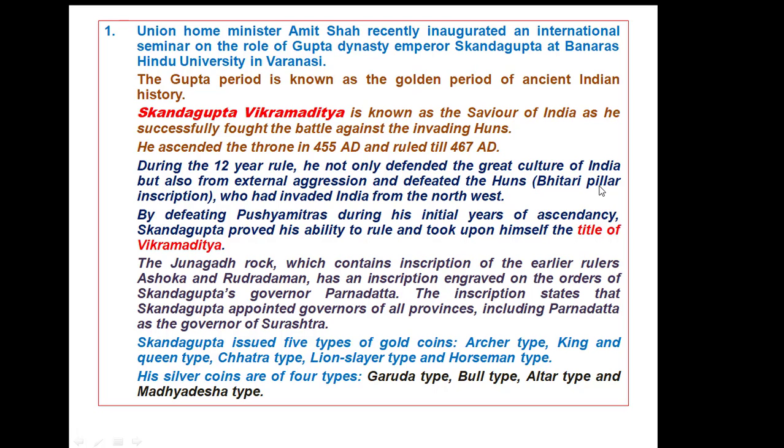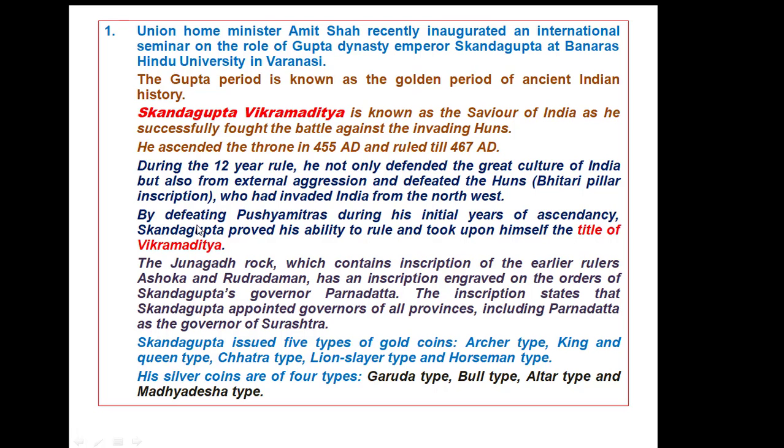The Vitari pillar inscription says about it. Which pillar inscription? This is very important. Vitari pillar inscription, who had invaded India from the northwest. So the main important contribution from Skandagupta Vikramaditya is that he defended against the Huns that came from the northwest side.